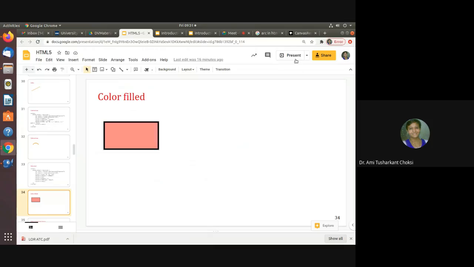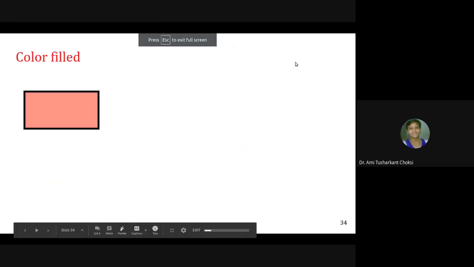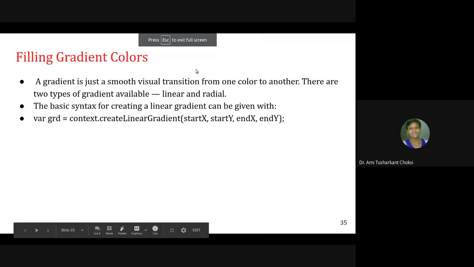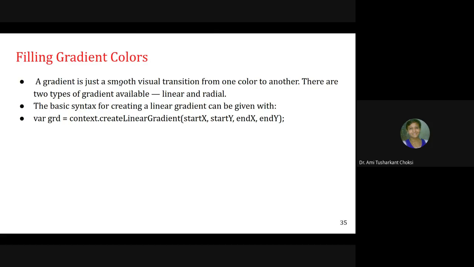Let us proceed further. We have filled the color. Now, filling gradient colors. What is that? A gradient is just a smooth visual transition from one color to another. There are two types of gradients available.